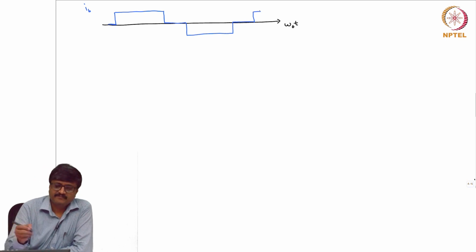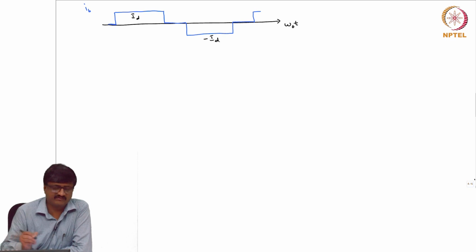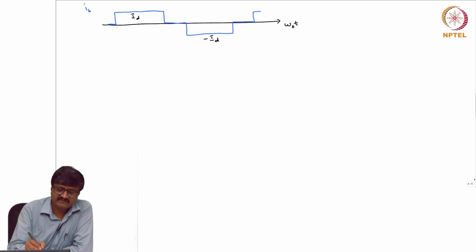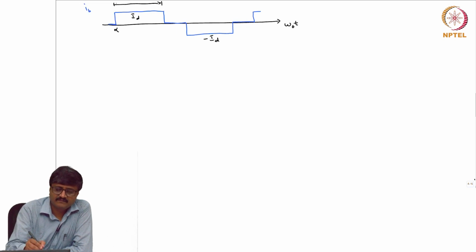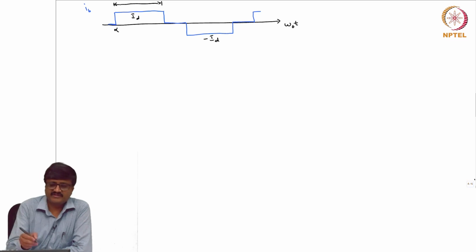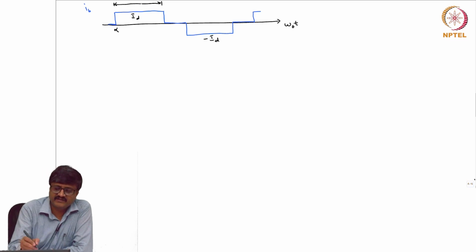So, I have IB equal to ID, minus ID, 0, and this is alpha, and this duration is 120 degrees. In radian it is 2 pi by 3.